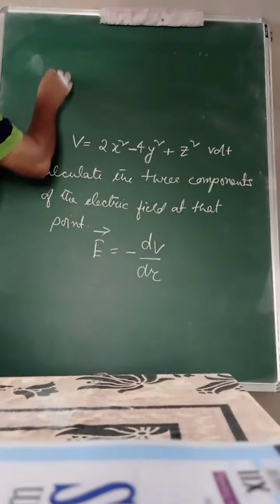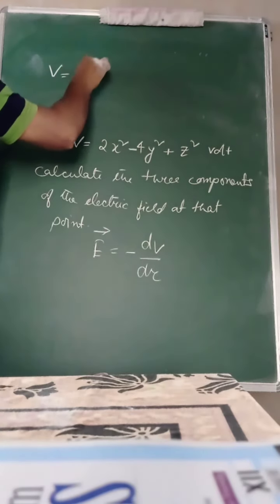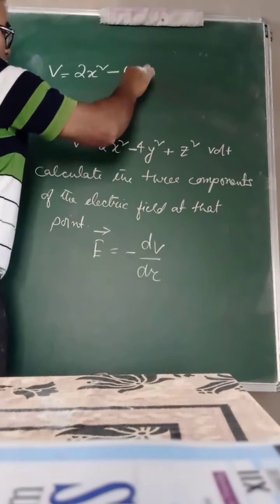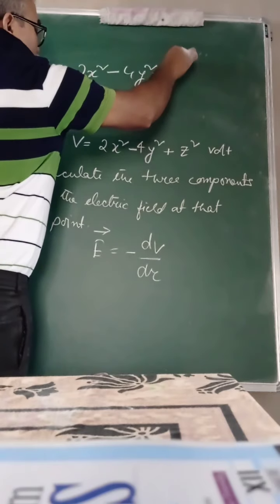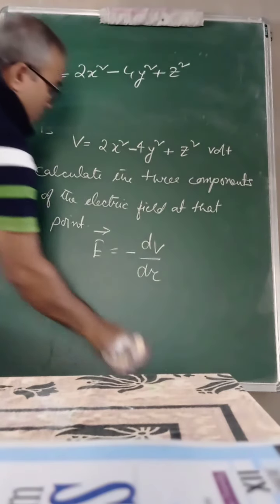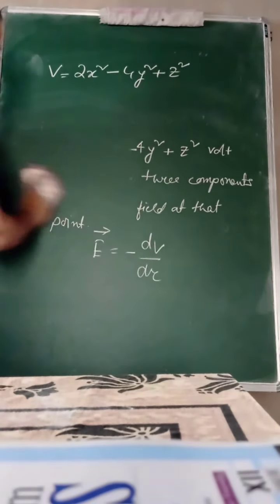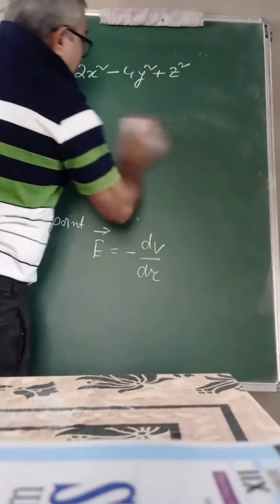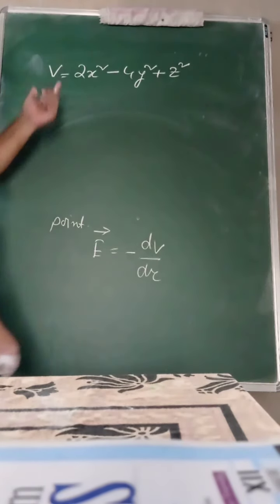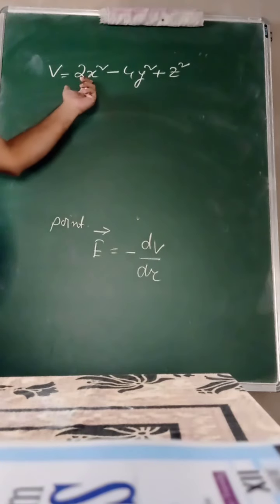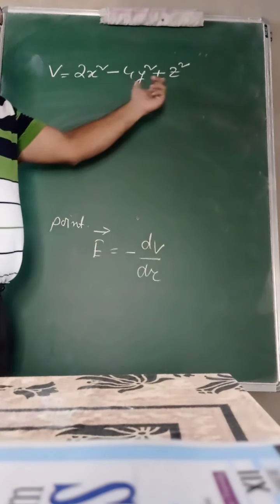So V is written as 2x² − 4y² + z². Here the electrostatic potential varies with x coordinate, y coordinate, z coordinate.